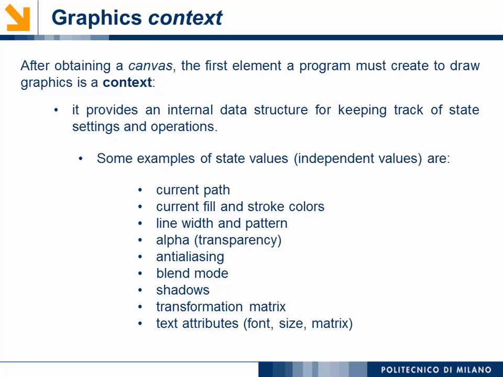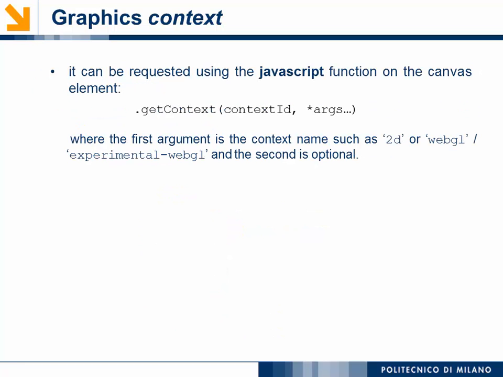So, for example, if we are drawing a path, the context memorizes the current path that is being manipulated, how wide the line that we are drawing is, which are the colors, if there is any alpha, anti-aliasing, blend mode, etc. All the information that you require while drawing in an area is stored inside the context.